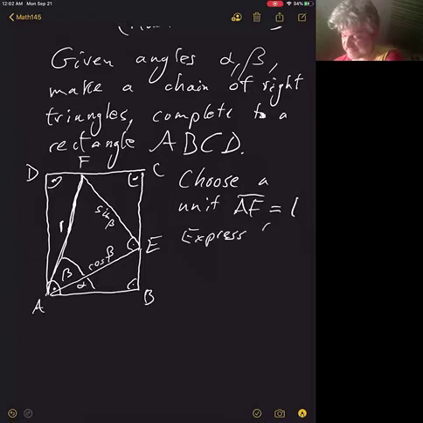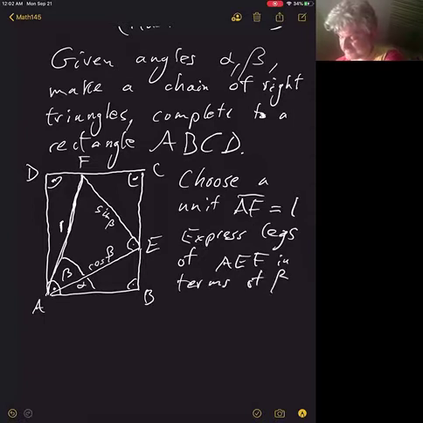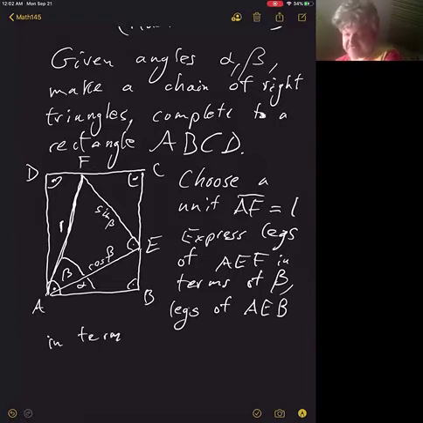Express legs of AEF in terms of beta. And then we can get to work on triangle ABE. Legs of that triangle expressed in terms of alpha.